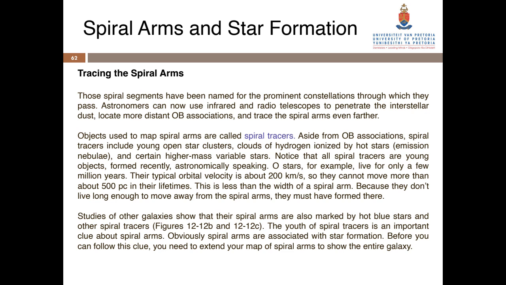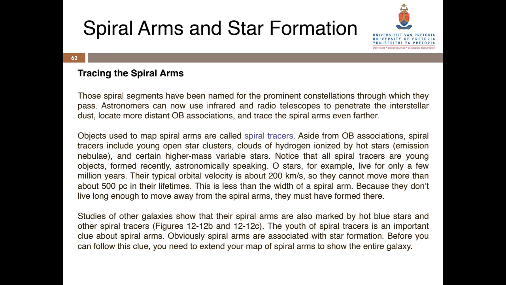Objects used to map spiral arms are called spiral tracers. Aside from OB associations, spiral tracers include young open star clusters, clouds of hydrogen ionized by hot stars, emission nebulae, and certain higher mass variable stars. Notice that all spiral tracers are young objects formed recently, astronomically speaking.